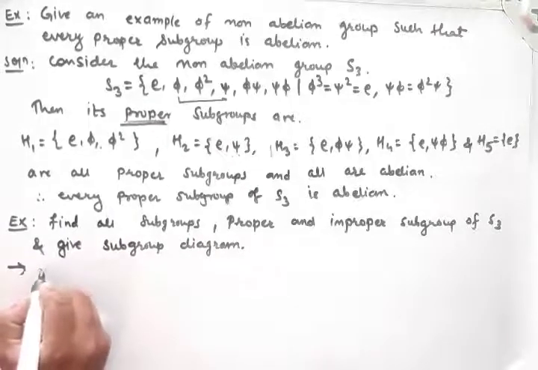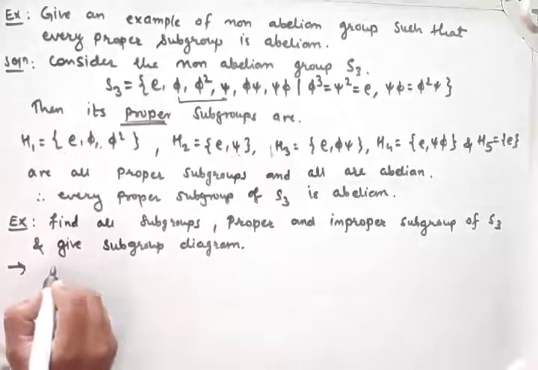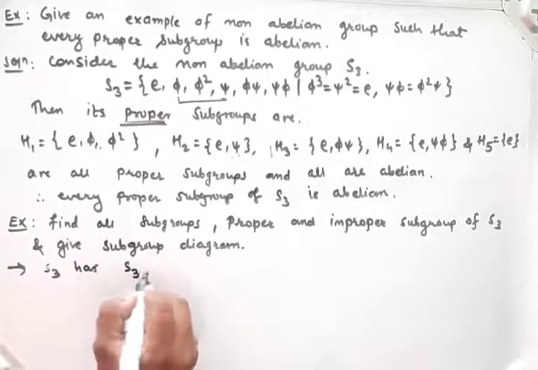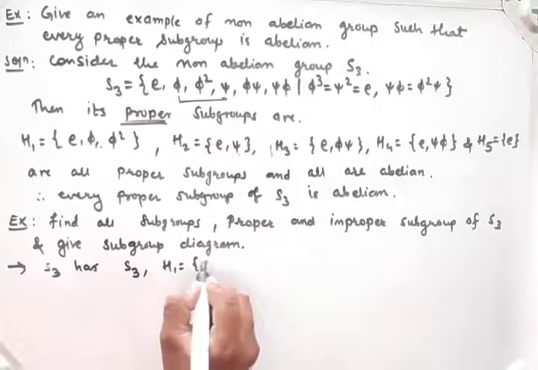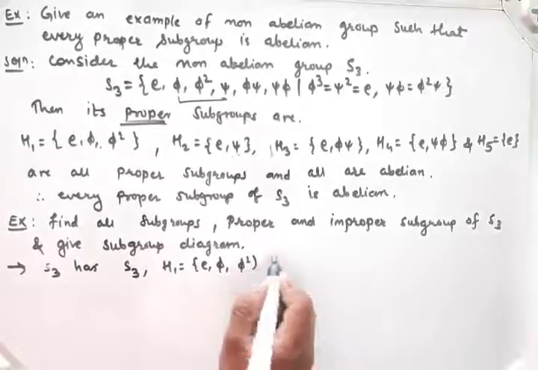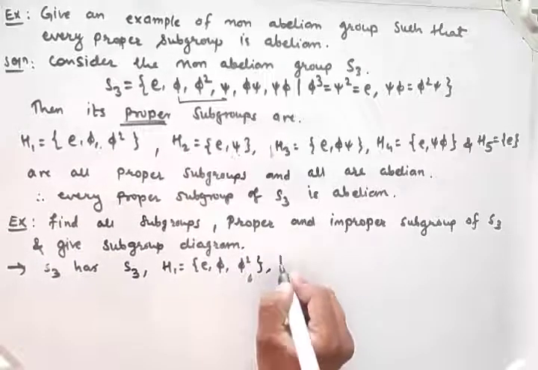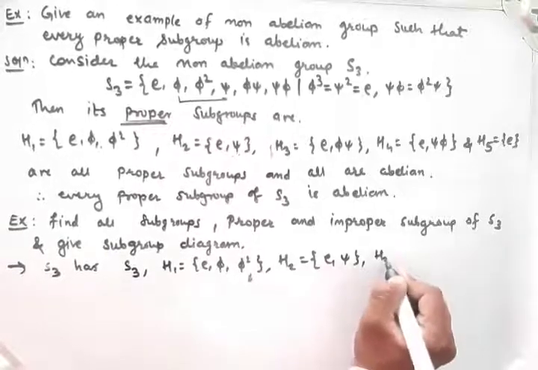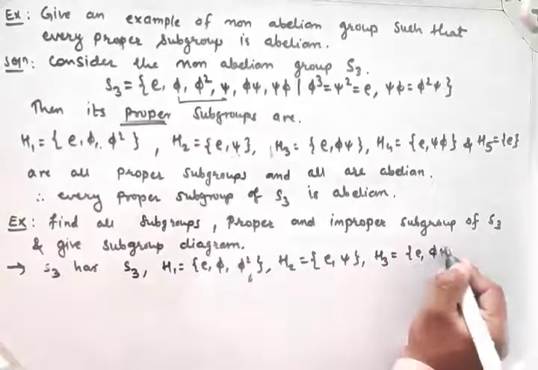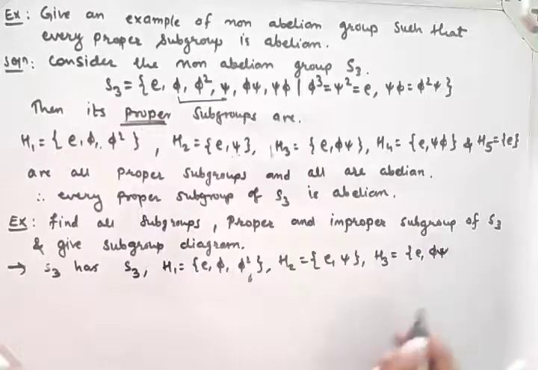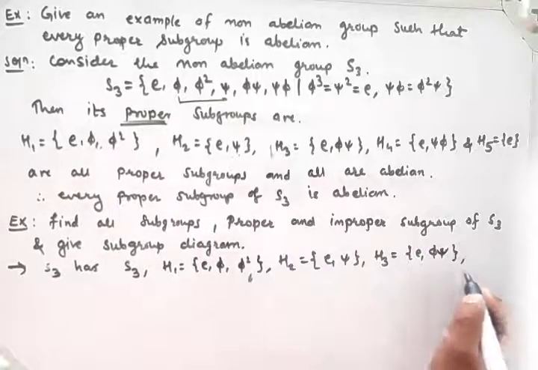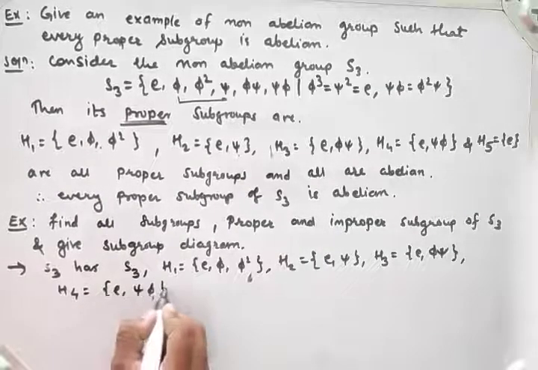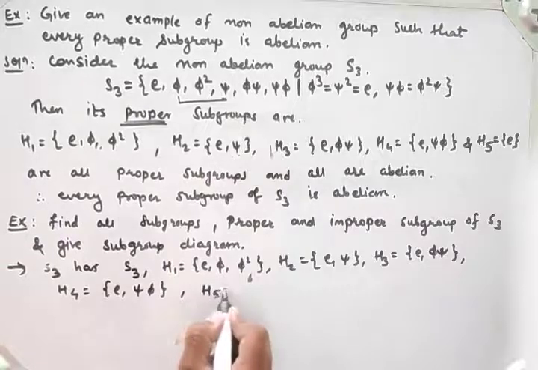S3 has how many subgroups? S3, next H1 is identity and phi square, H2 is identity and psi, H3 is identity and phi psi, H4 is identity and psi phi, and H5 is identity.